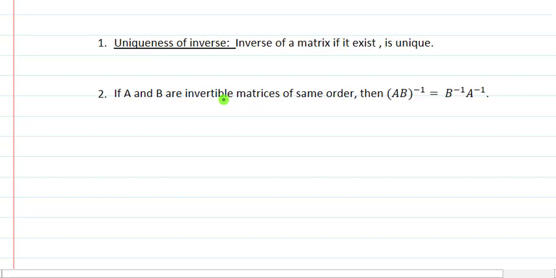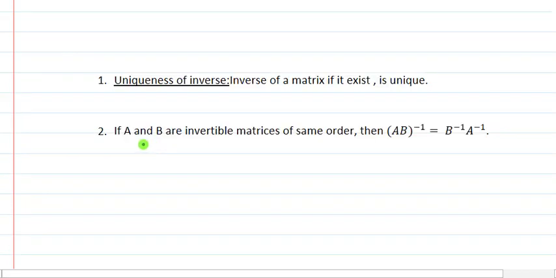We have two important results on the inverse of a matrix. Number one is uniqueness of inverse. If the inverse of a matrix exists, then it is unique, meaning one and only one inverse is possible for a given matrix.